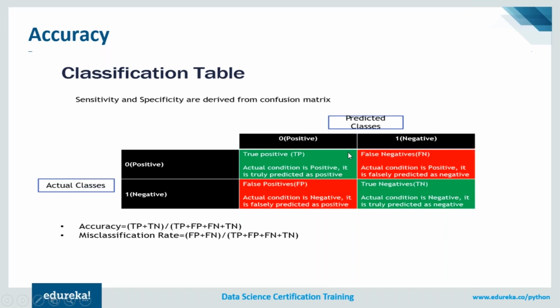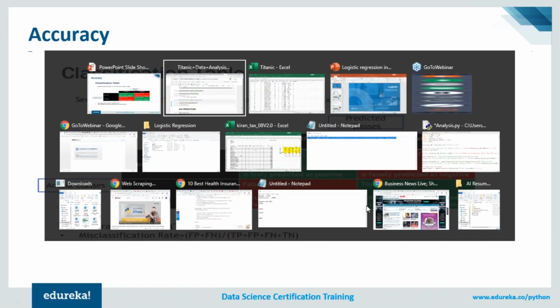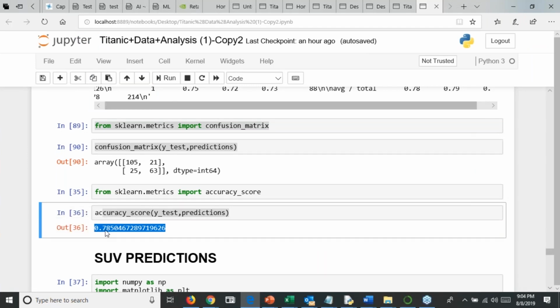Basically the accuracy is the sum of these, by addition of all of this. So with that value we get 76 or 78.5. So the accuracy of this model is just 78%.